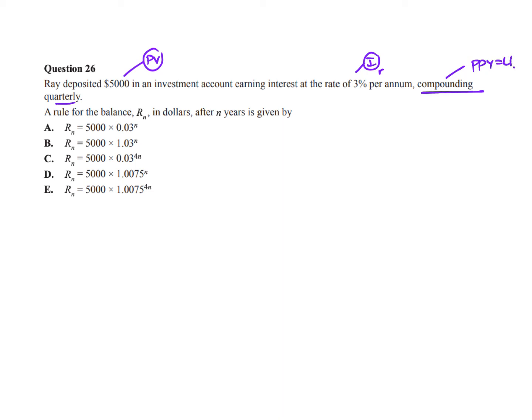Now, the rule for the balance Rn in dollars after n years is given by... So it's actually asking me for the nth term, and this is a compound interest investment. So let's go into our formula sheet, and down here is compound interest. Oops, here. I found compound interest.